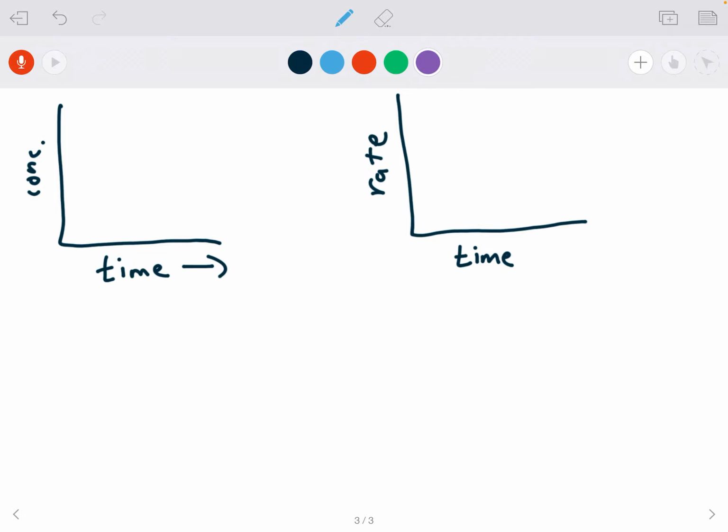In the concentration and time graph, we've got concentration of NO here. Right, initially it starts at 0. We don't have any NO because it's the product of the forward reaction. This is the concentration of N2.